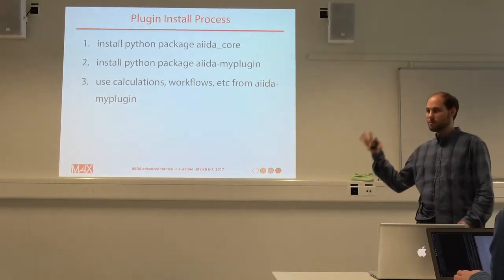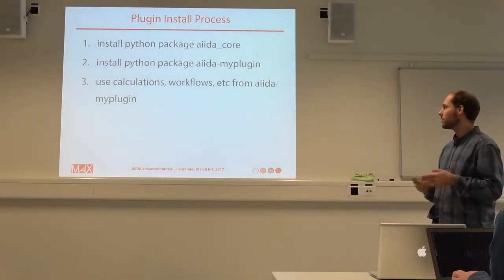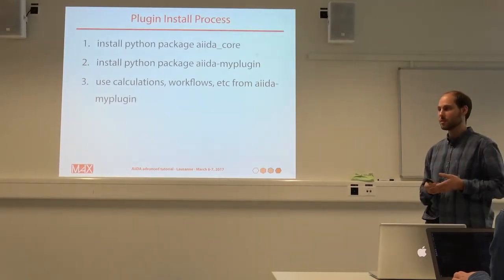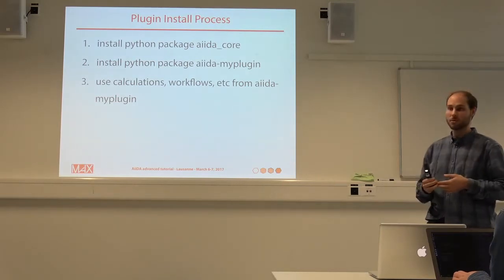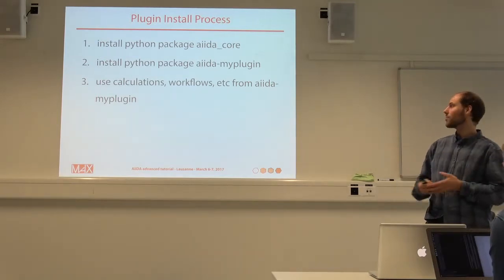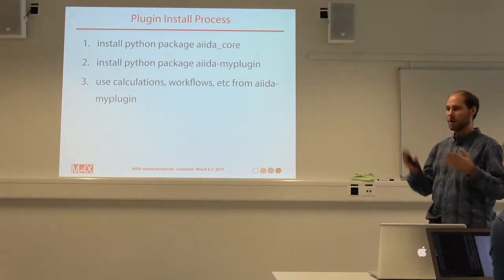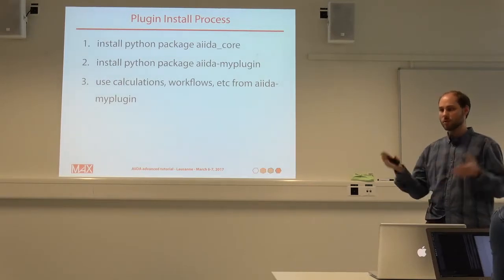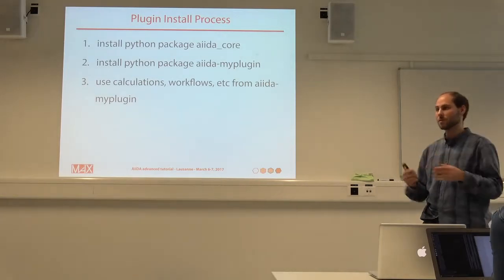Now this is not the current, but the future, very near future way of installing a plugin. It's important because it changed recently, and it's for everyone who's only going to start writing a plugin. It's going to be quite nice. Everyone else, for them, it's also going to become quite nice. So what you will have to do is install a Python package, which is AiiDA core, which before you just downloaded the AiiDA source code and did some manual path adjustments, and it will work.